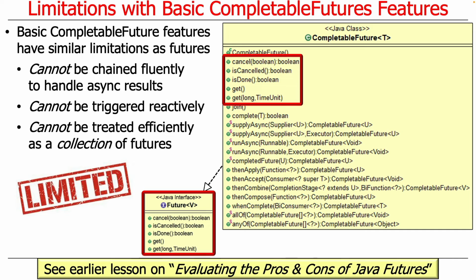And in particular, they don't address issues of chaining things fluently to handle async results. We don't show how things are triggered reactively. And we're not talking about how you can efficiently treat a completable future as a collection of completable futures. So we really haven't solved any of the problems with Java future. And that's no surprise because the basic features in completable future are the same as the ones in future.